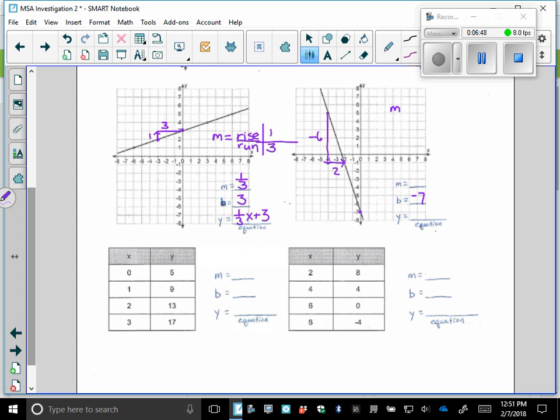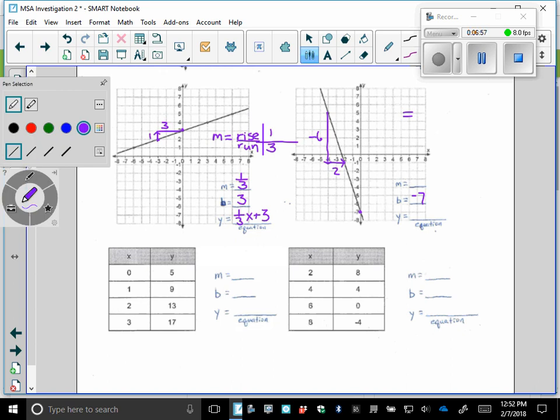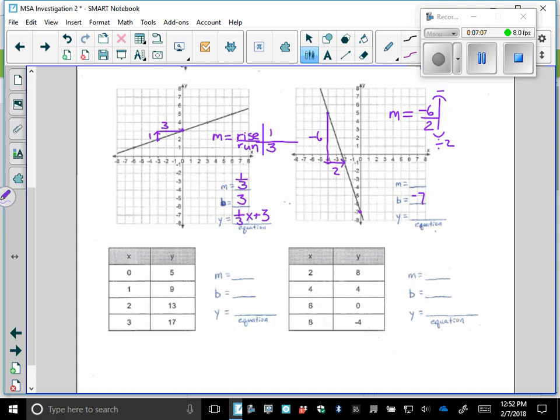So my slope is, sorry about that, drop of 6, run of 2. Again, if I divide by 2 to get this simplified, I get negative 3 over 1.